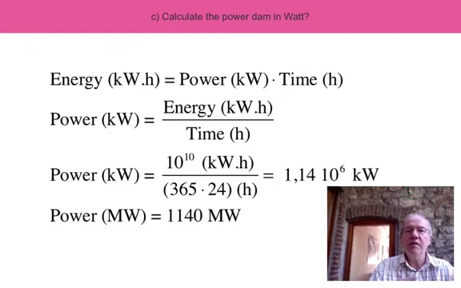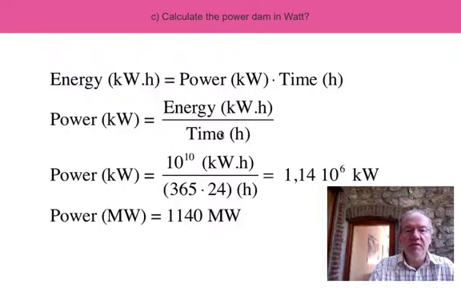If you want to calculate the power of a dam, we use the same formula. Energy is the power multiplied by the time. Thus, the power is the energy divided by the time. The energy in 1 year is this number.